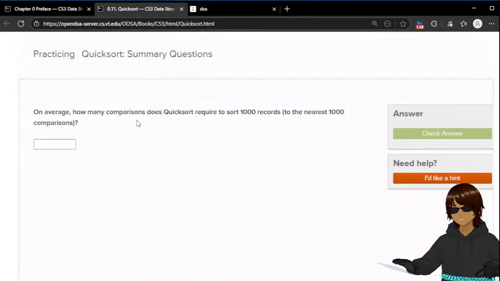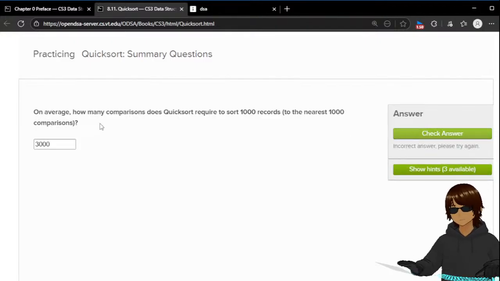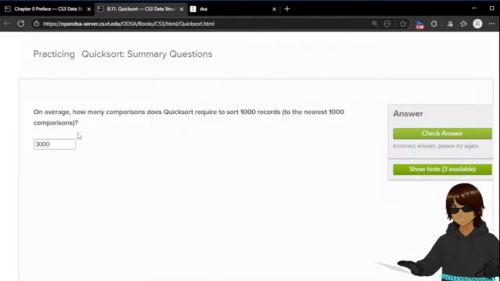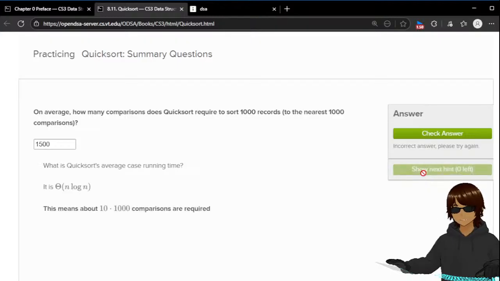How many comparisons? 3000. To sort 1000 records to the nearest 100. Would it be divided by 2? It is n log n, yeah. 10 times 1000. This means about 10 times 1000 comparisons are required.